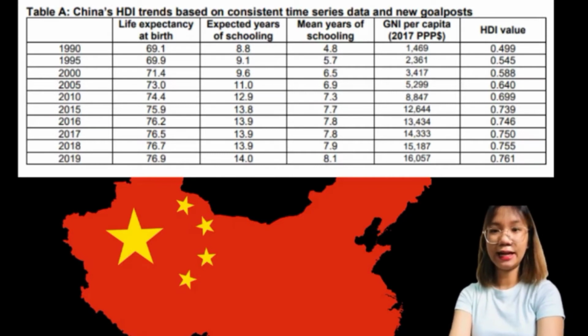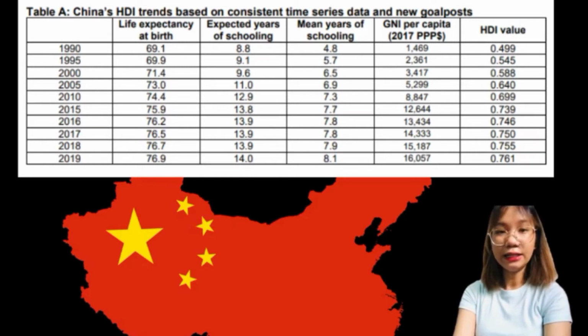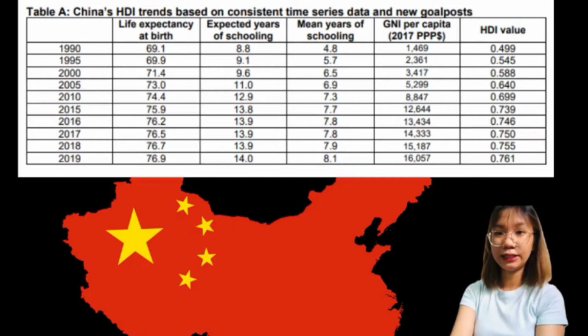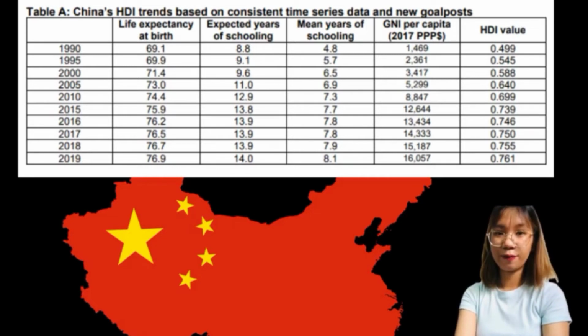Between 1990 and 2019, China's life expectancy at birth increased by 7.8 years, mean years of schooling increased by 3.2 years, and expected years of schooling increased by 5.2 years. China's GNI per capita increased by about 993.4% between 1990 and 2019.